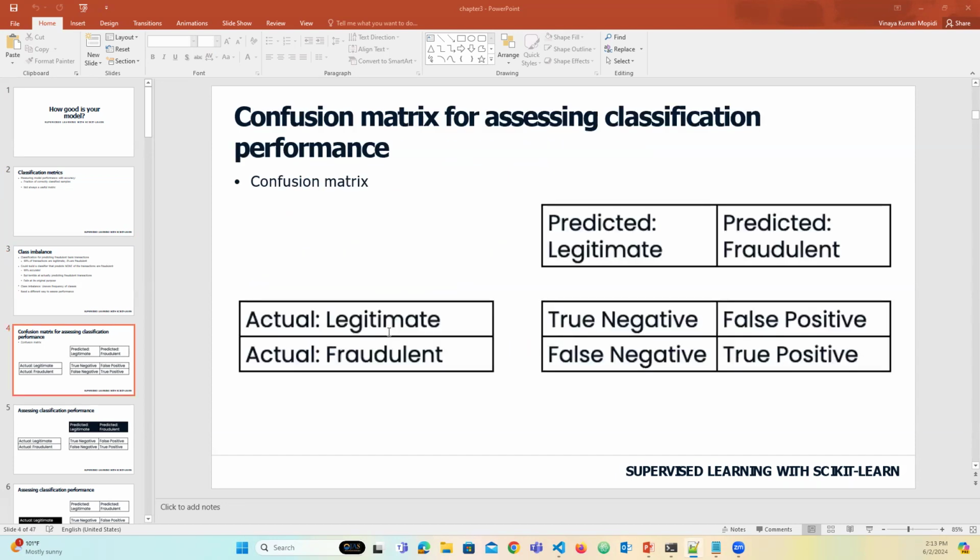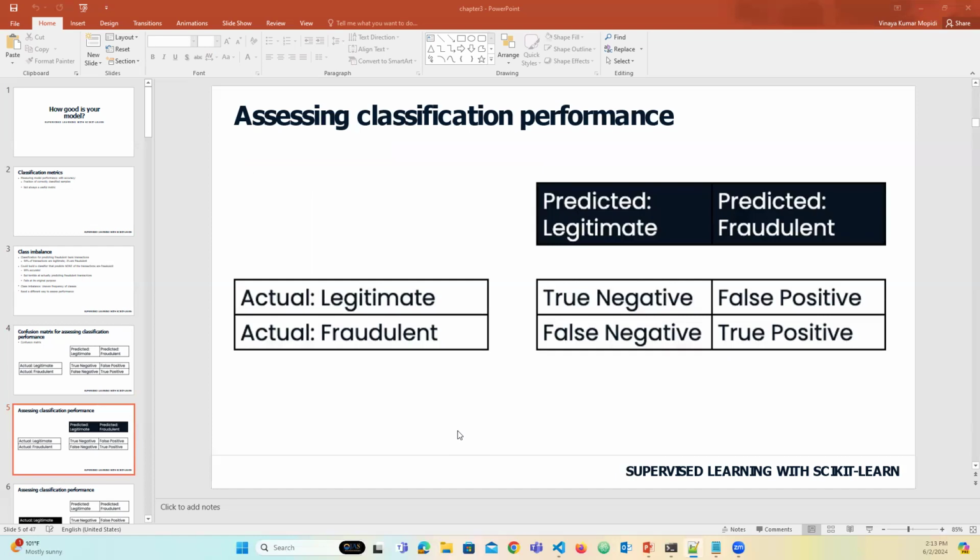So, the confusion matrix for assessing classification performance. Given a binary classifier, such as for fraudulent transactions, we can create a 2x2 matrix that summarizes performance, called a confusion matrix.